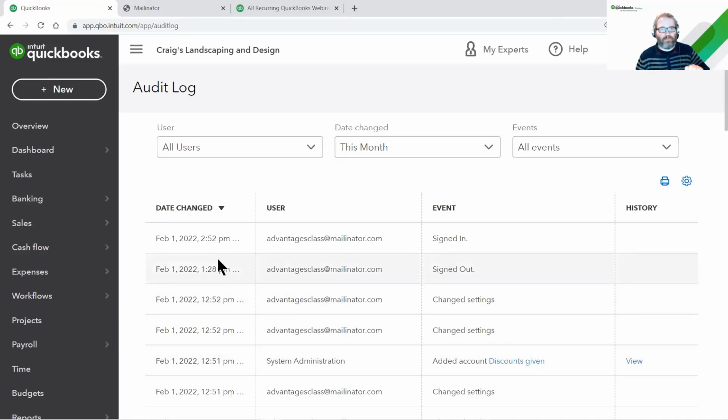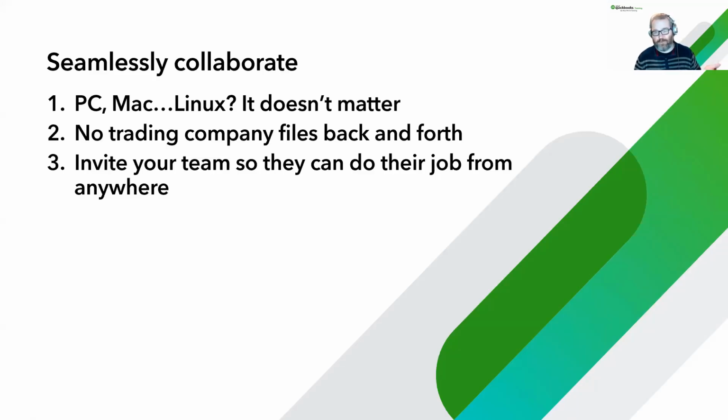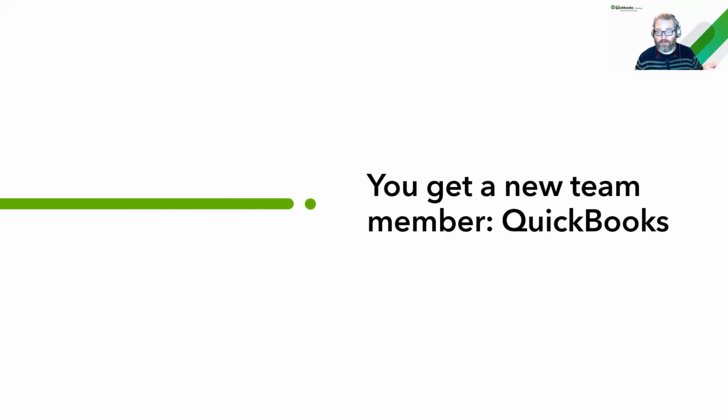Now, one of the things that I like most about QuickBooks Online, though, is that not only do you get to collaborate with other people within your company, but you get a new collaborator, a new person on your team, or not a person, but a new thing on your team, which is QuickBooks itself.